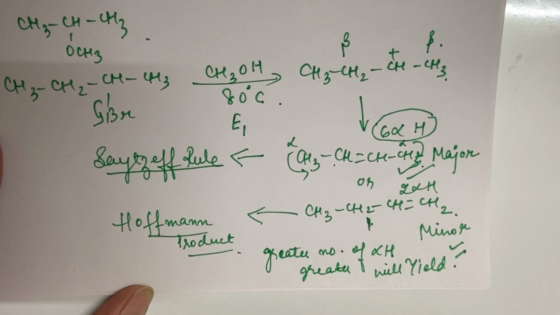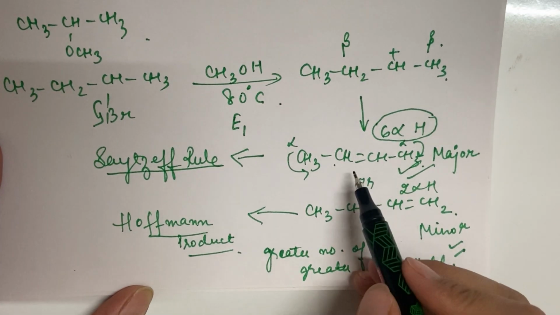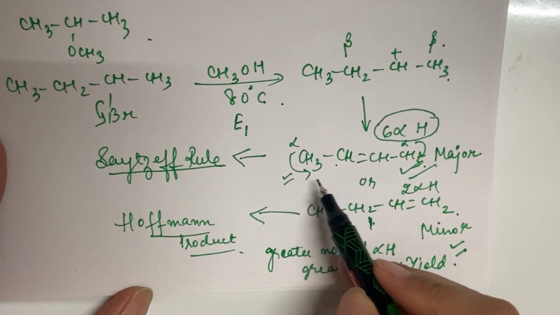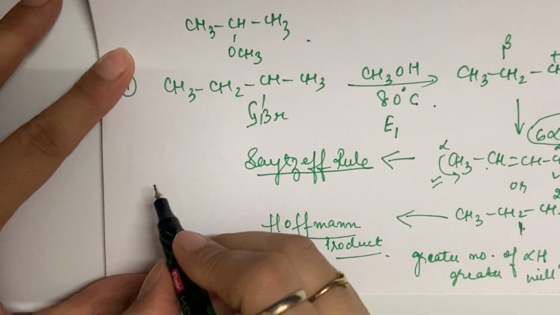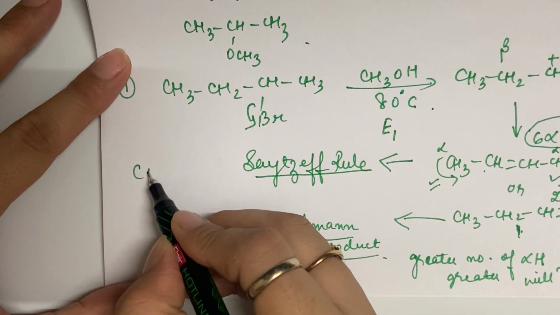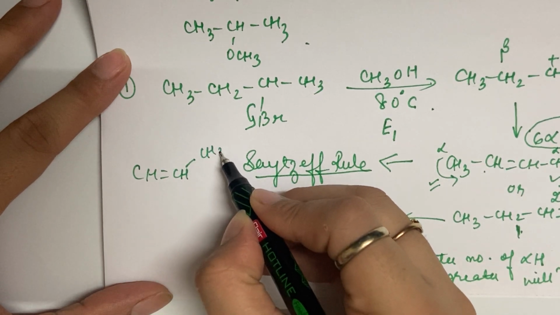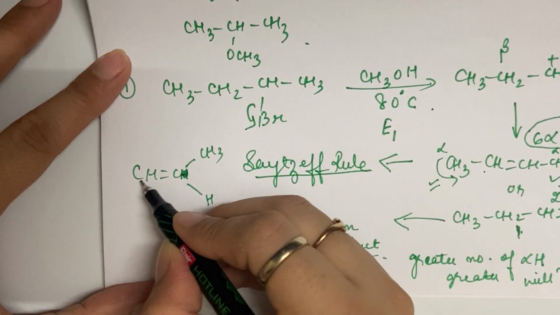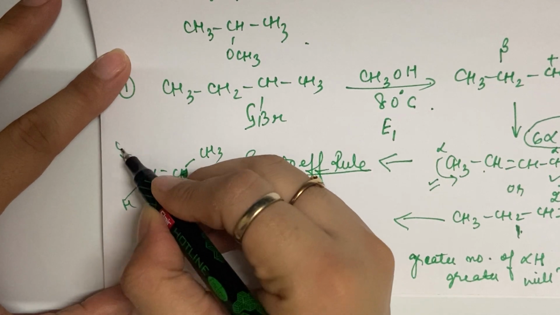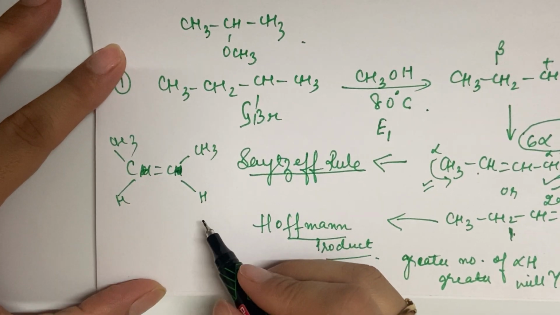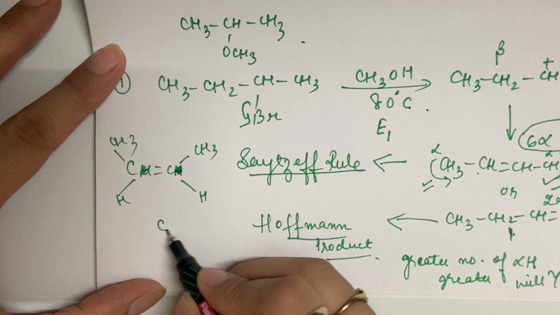Okay, so this is the thing which will form. In this also there can be two stabilities. If you draw this in this way, CH=CH, and if you take CH3 here and hydrogen here, it will be hydrogen, it will be CH3. You know what this product is? This is the cis product.